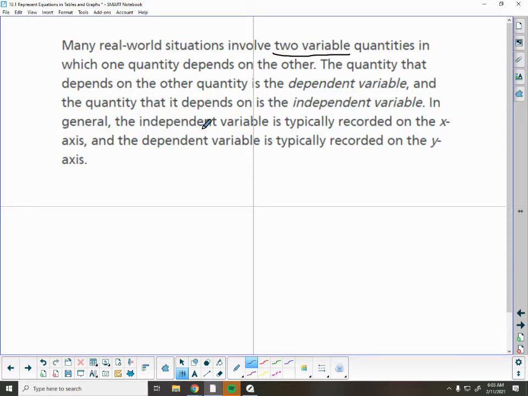So in general, the independent one, the one that we need to happen first, we're going to do in the x-axis, just like we talked yesterday with our ordered pairs. We always want to do x first. So we're always going to go over first. And then our dependent one depends on what x is, then this will happen. Then we go up or down depending on if it's a negative number.